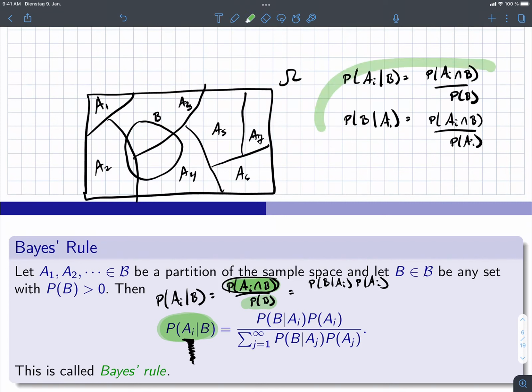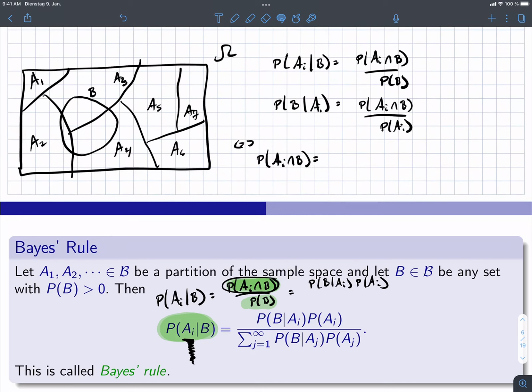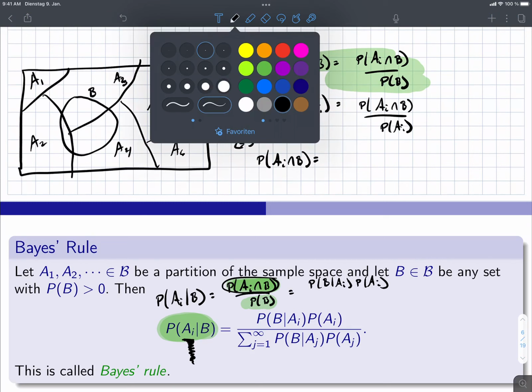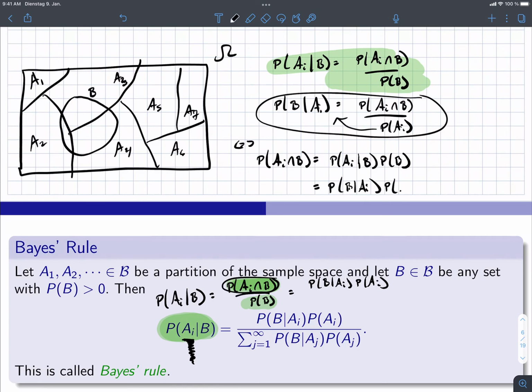So what I see from these formulas is that I can always write the intersection probability, Ai intersect B, in a couple of ways. If I use this formula, I can write it as probability of Ai given B times probability of B. Or if I use this formula and just move this over to the other side, I can write it as probability of B given Ai times probability of Ai.